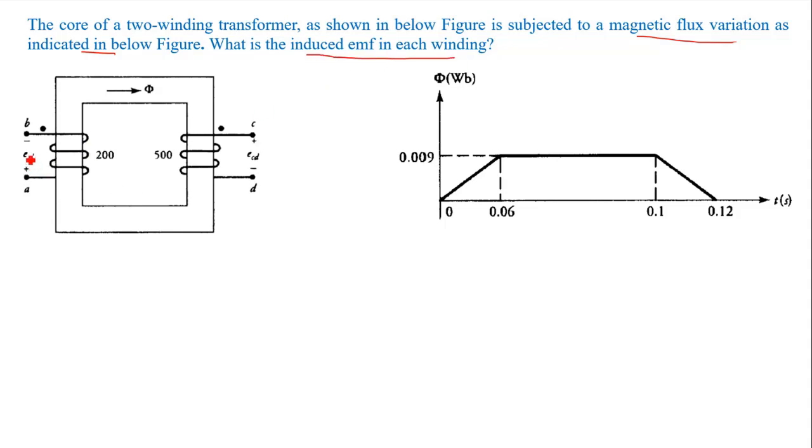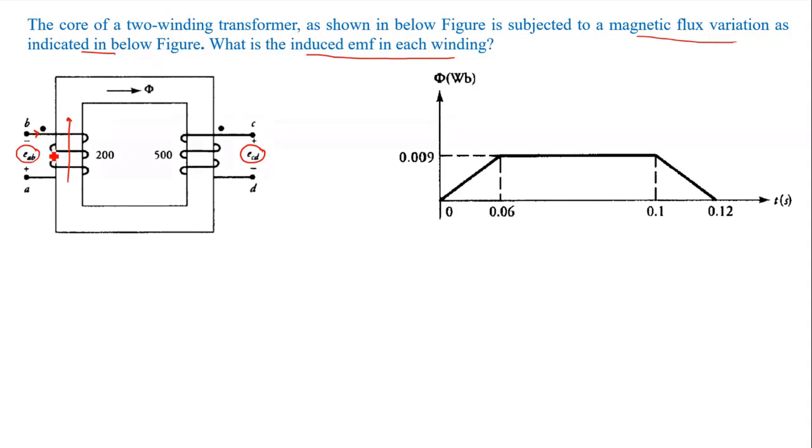That means we need to find EAB, the induced EMF across AB, and the induced EMF across CD, ECD, right? So here you can see the terminals are marked with B and A here and C and D here. That means when the flux is in this direction, the current is flowing in this direction, right?